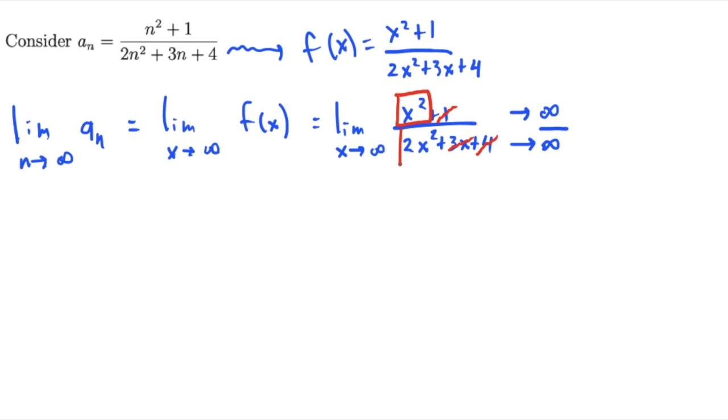Either way, when we evaluate this limit, we see that the value is exactly 1/2. Therefore, the limit of our original sequence as n grows without bound is also 1/2.